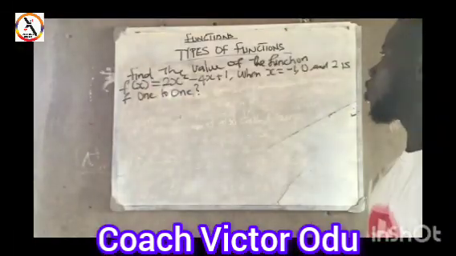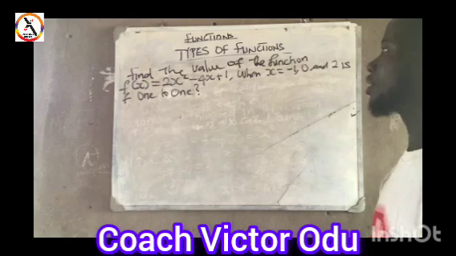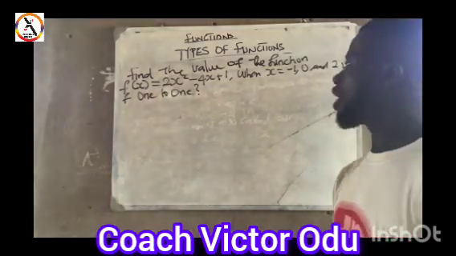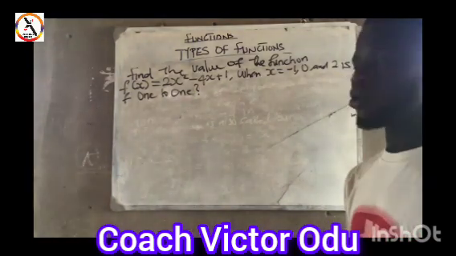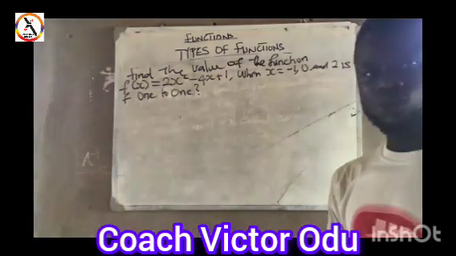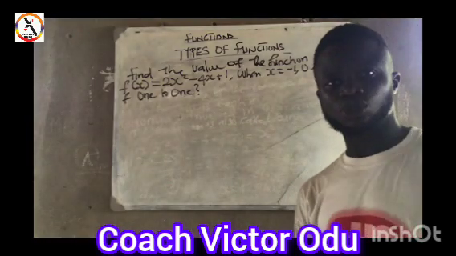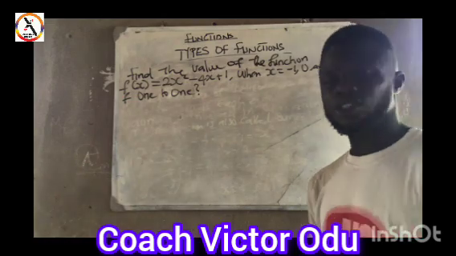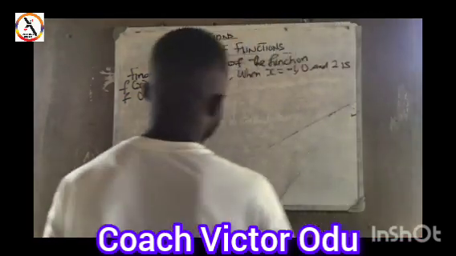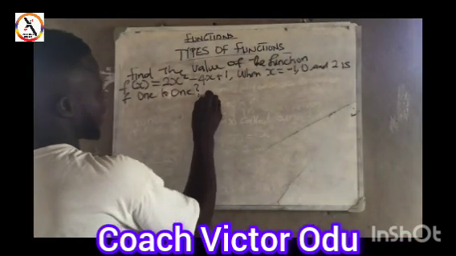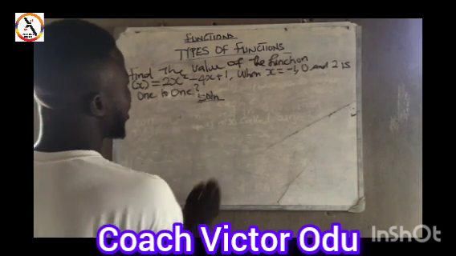Find the value of the function f of x, which is equal to 2x squared minus 4x plus 1, where x is minus 1, 0, and 2. Is f a one-to-one function? All right, let's dive in. We are going to be solving it very systematically so that you understand it clearly.